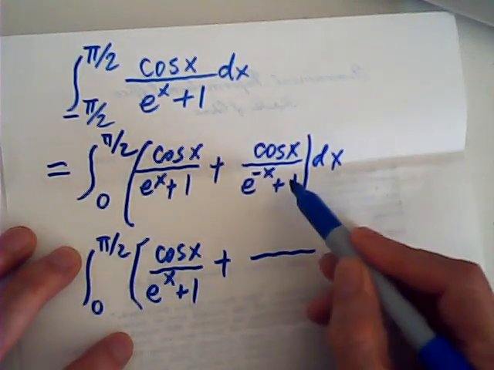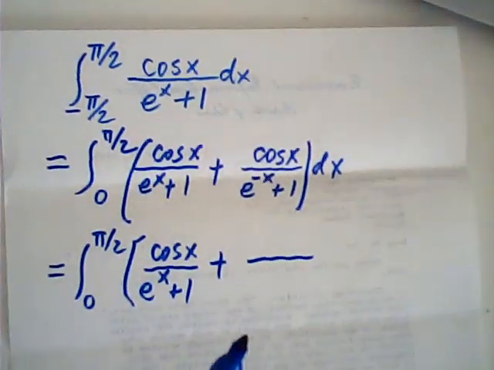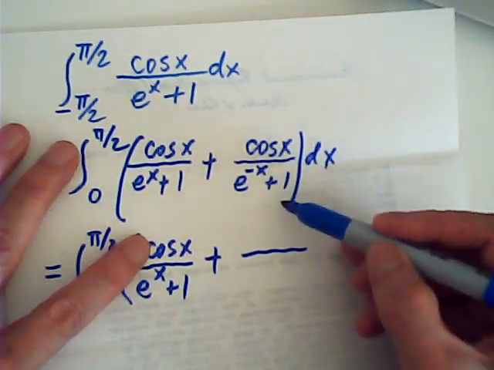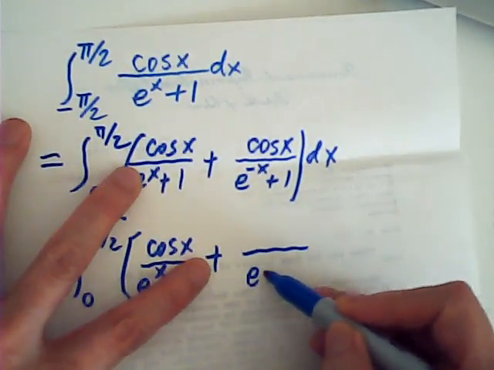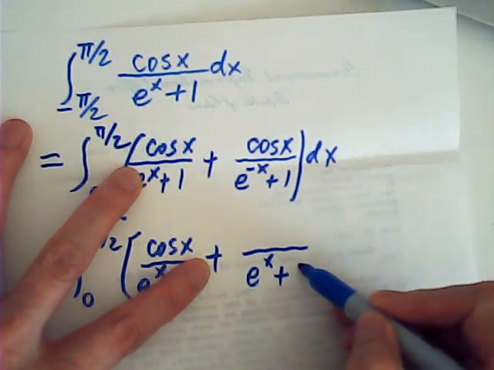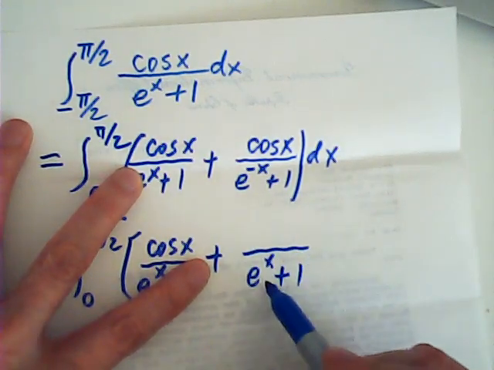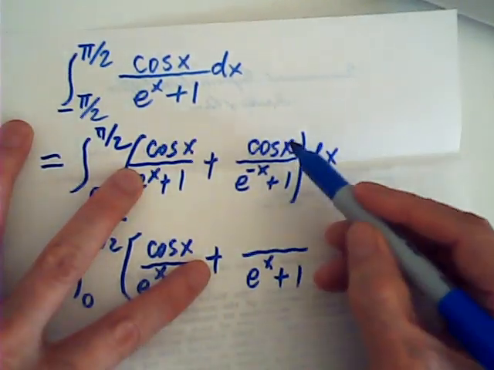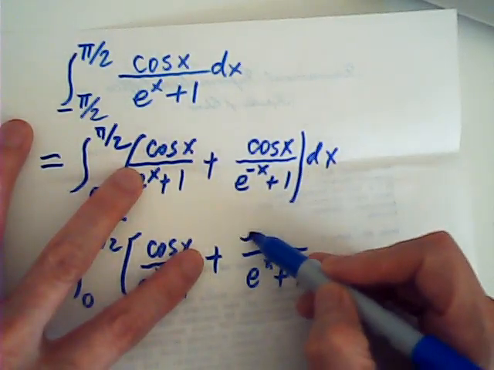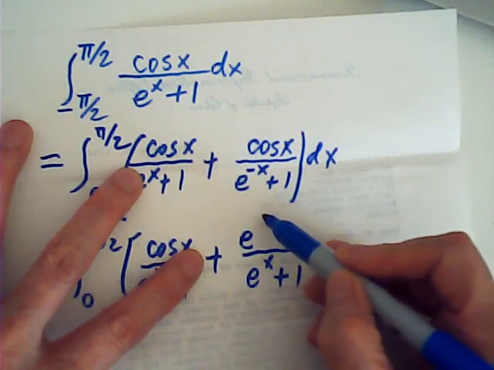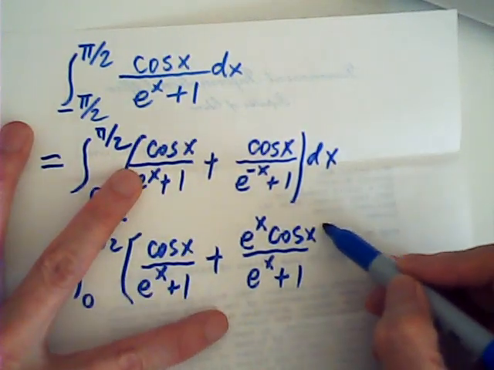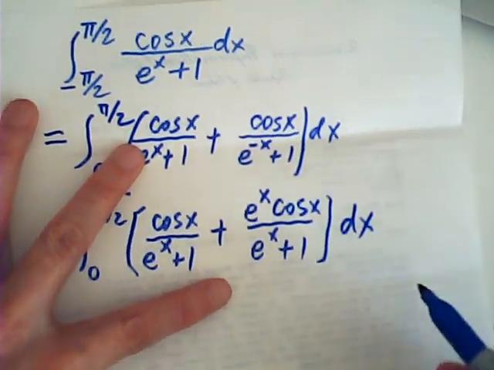And this one we multiply by e to the x, numerator and denominator, right? So this becomes e to the x plus 1, right? E to the x times this one is this. E to the x times this one is 1. And this one is e to the x times cosine x, dx.